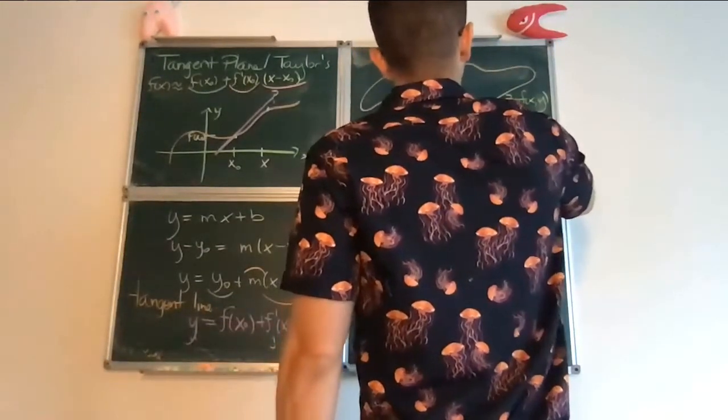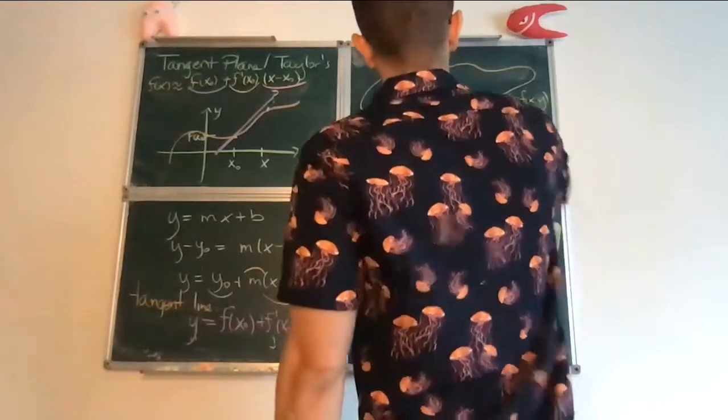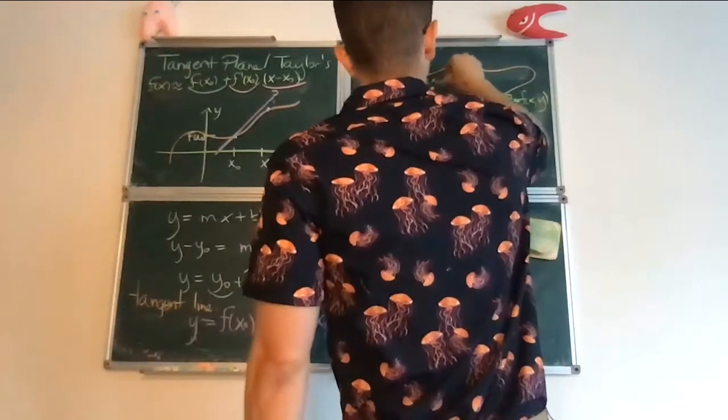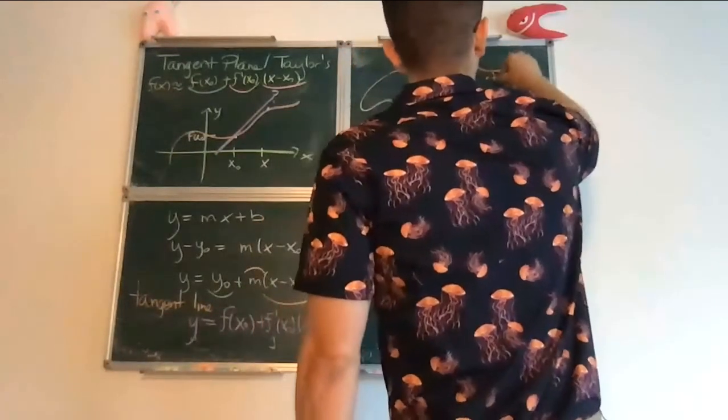Now you have another point x comma y. You have this point which you do know. You don't know this value. You want to estimate it.